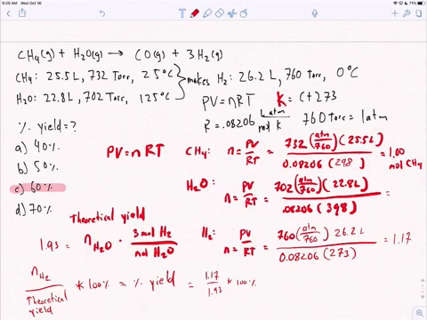Yeah, that's what I got too. But I'm not seeing the... Is this NH2? And n is number of moles. Oh, okay. I was looking for some chemical that doesn't exist. Yeah, I'm following. Thank you. So it's 1.17 divided by the theoretical yield, which is 1.93. So it's 60-ish, 61%. Okay. All right. Thank you.